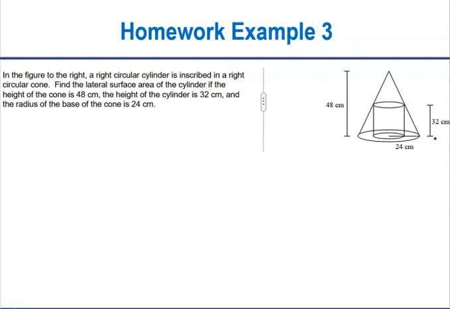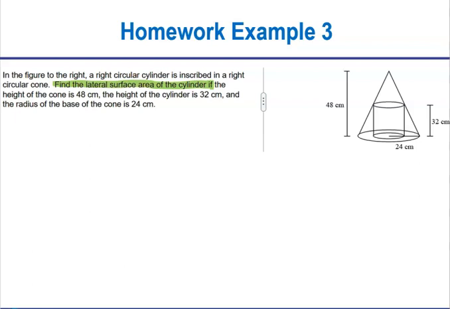Okay, now again, what are we trying to find? Let's highlight what we're trying to find. Find the lateral surface area of the cylinder. Okay, that's simple enough. Remember when we took that can and we took the can opener and took the top and the bottom off, and we're left with just the tube of our soup can, and I said, why don't you cut that thing open and open it out, and we just have a rectangle?